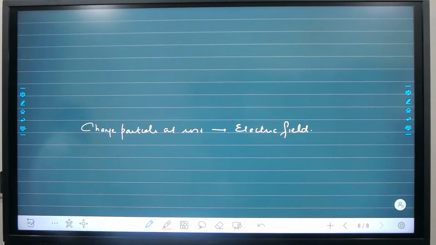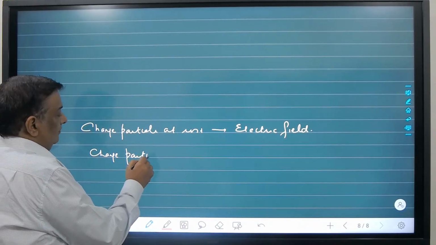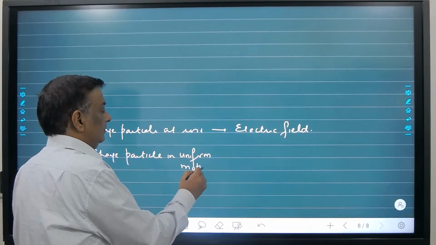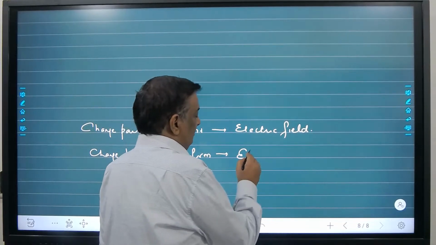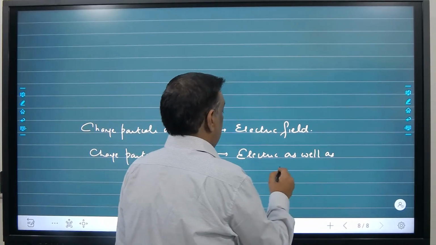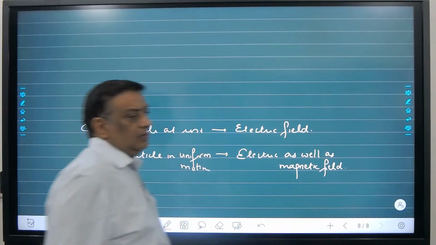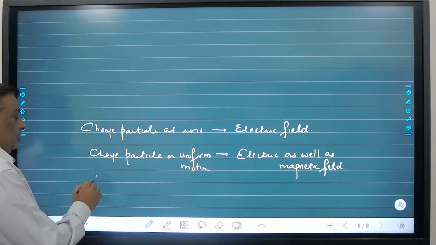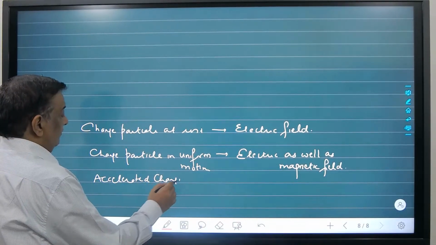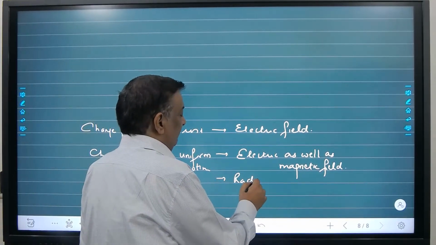A charged particle in uniform motion creates an electric as well as a magnetic field. And a charged particle in non-uniform motion, or an accelerated charged particle, is radiating electric and magnetic field, or EM waves.